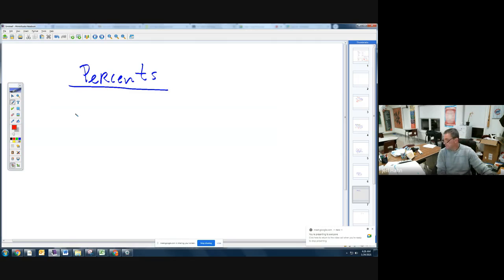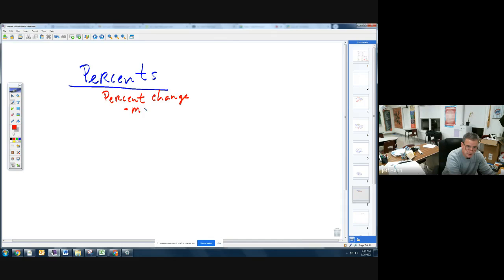This time with percents, we are dealing with percent change. Quite often, sometimes we call it markup or markdowns.